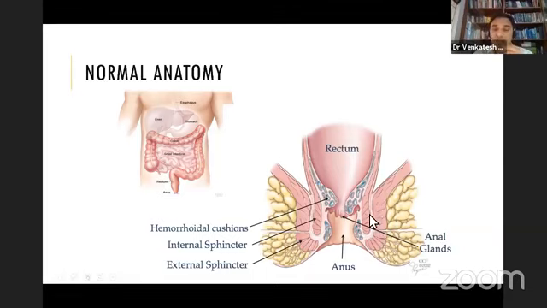Now, these muscles are critical for control of your bowel movements. One, holding on to gas. Passing gas on a daily basis is normal, and to coordinate that, you need these muscles to work very effectively.